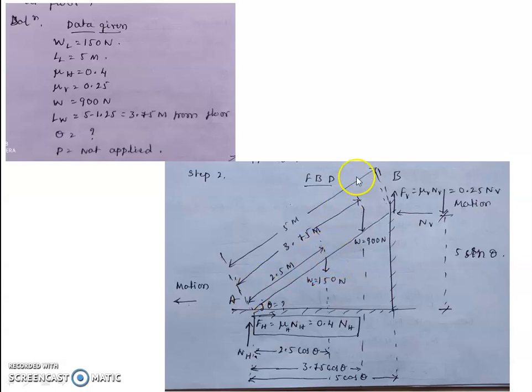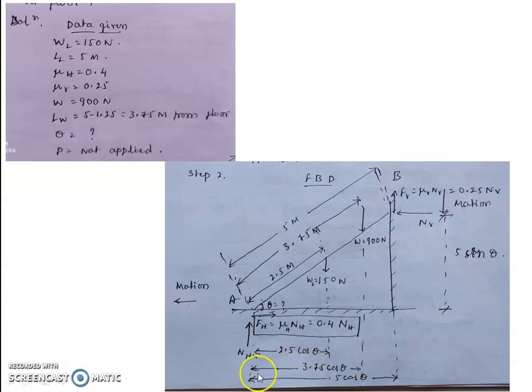If the ladder is 5 meters, then the midpoint will be 2.5 meters. Hence the weight of the ladder is at a distance 2.5 cos theta from the reference point A. From reference point A, the weight 900 newtons is placed at a distance 3.75 cos theta.